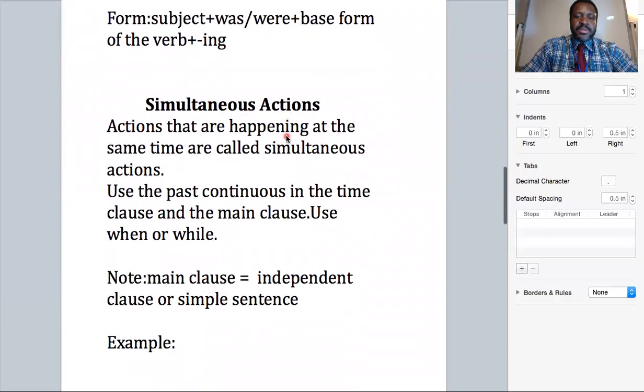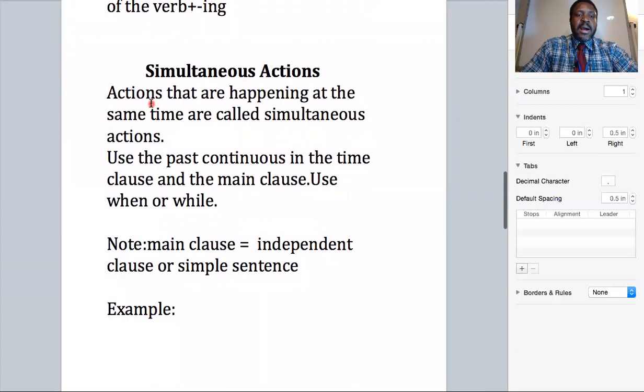Simultaneous actions. Actions that happen at the same time are called simultaneous actions. Use the past continuous in the time clause and the main clause.